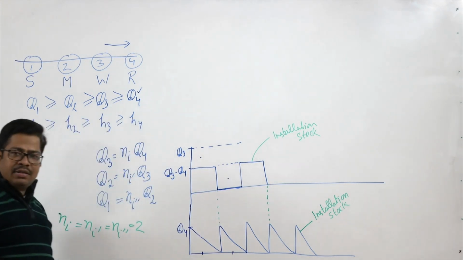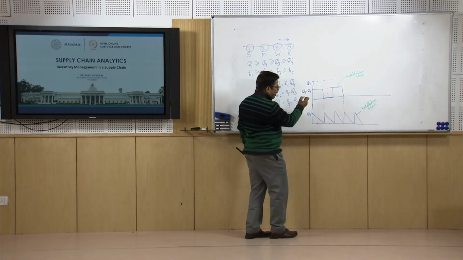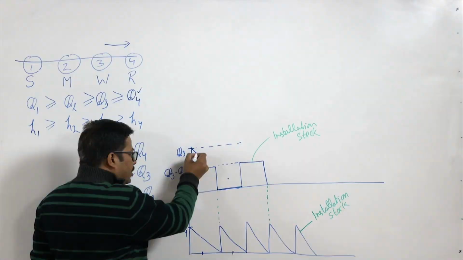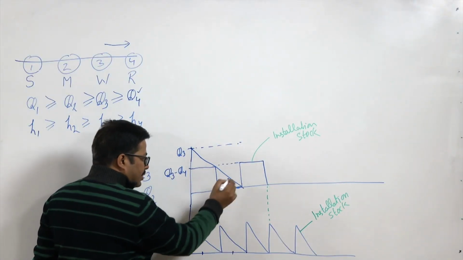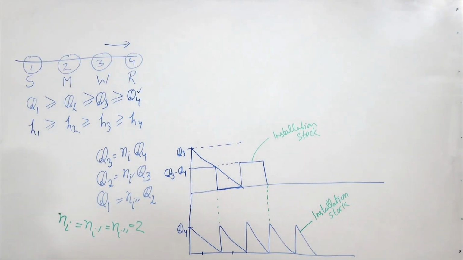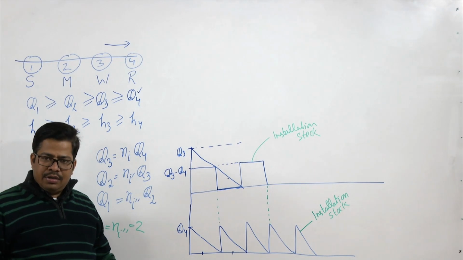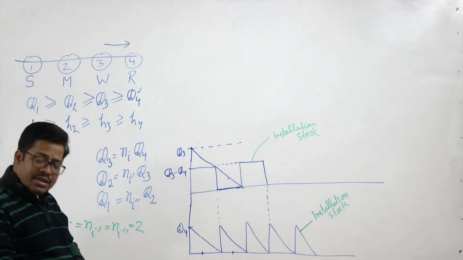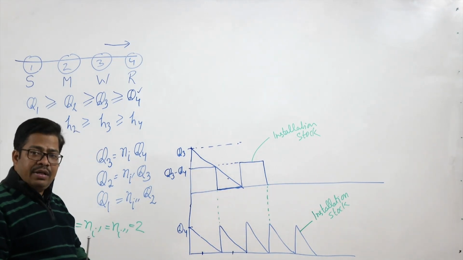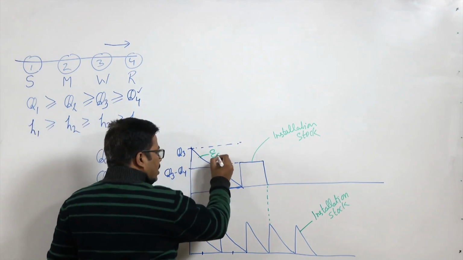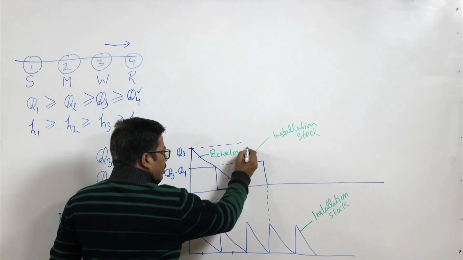So if I combine all these points of echelon stock, I will get a line like this. This is the line which represents the echelon stock at stage 3, the physical inventory at stage 3 plus stage 4.